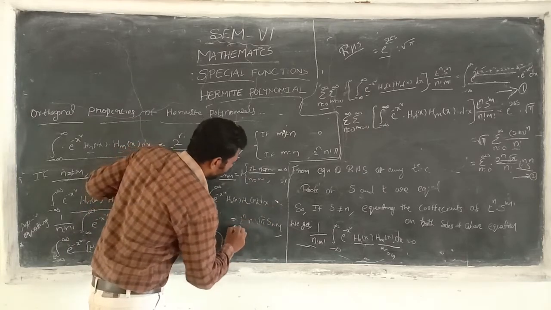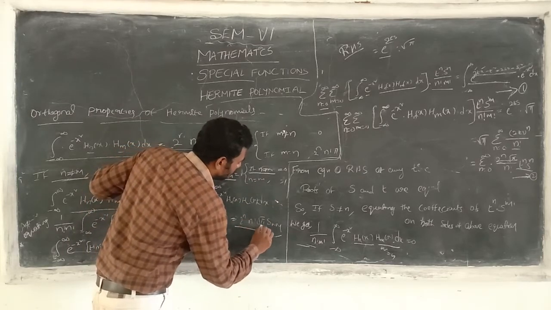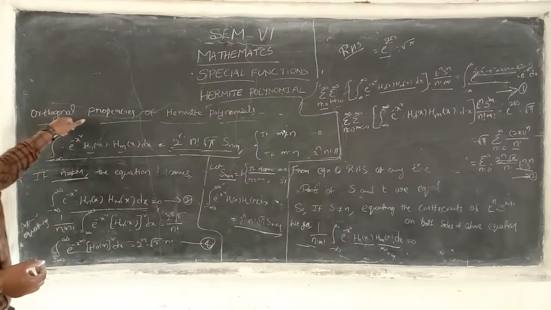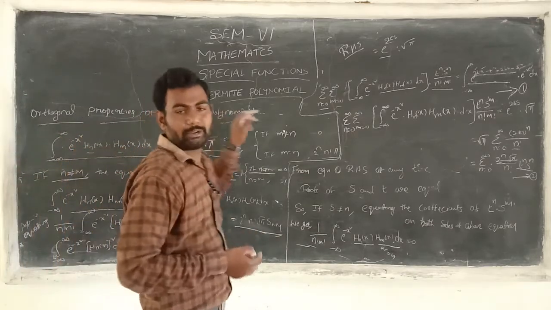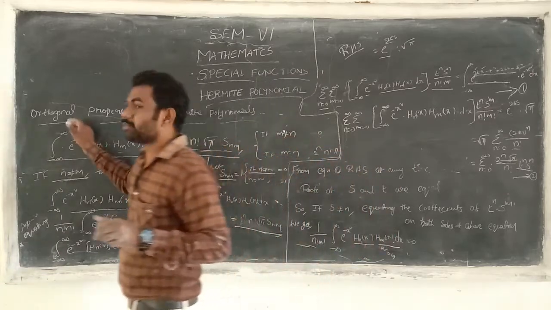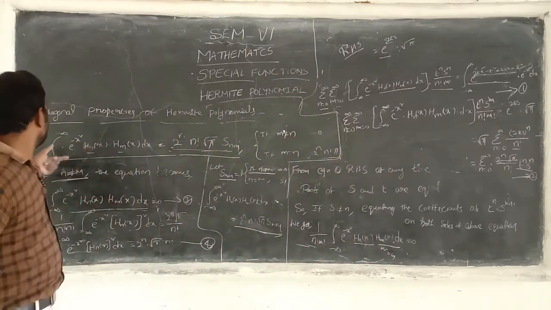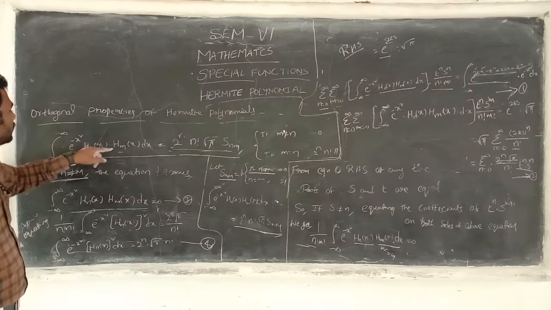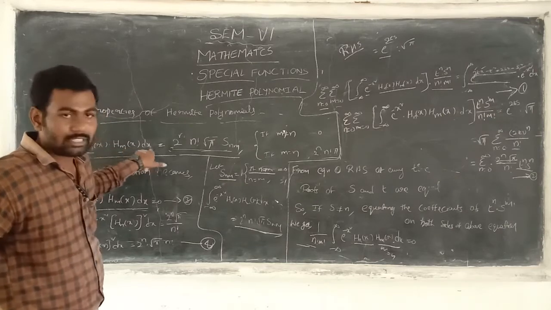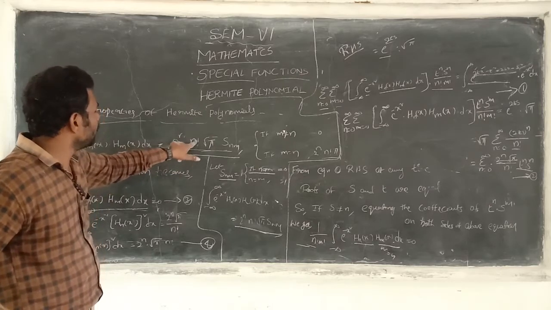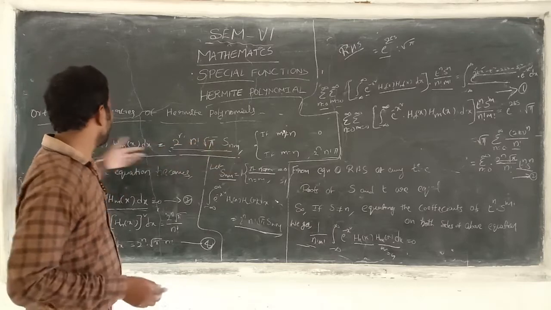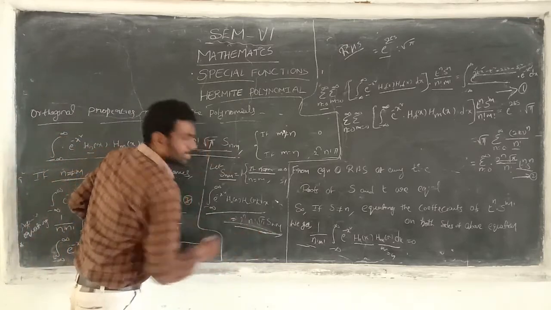These are the two simple cases. So the integral from minus infinity to plus infinity of e^(−x²) Hn(x) Hm(x) dx equals 0 when n is not equal to m, and when n is equal to m it is 2^n into n factorial into root pi into δnm. That is the orthogonal property of Hermite polynomials. So here we have proved this equation.